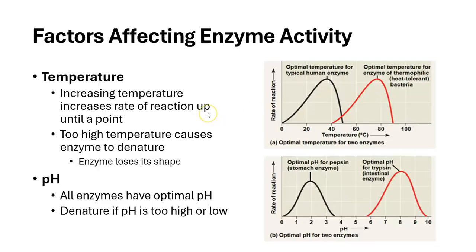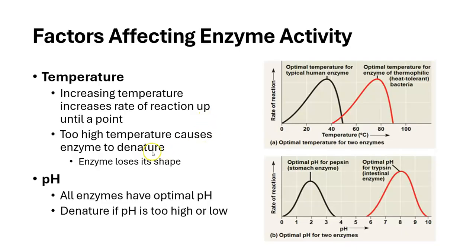It's almost like the thermal agitation is too much, and the bonds that are holding the enzyme molecule fall apart. They break. And when the bonds of the enzyme molecule break, the enzyme loses its shape. There's no more active site for a substrate to bind to, and the enzyme cannot function.